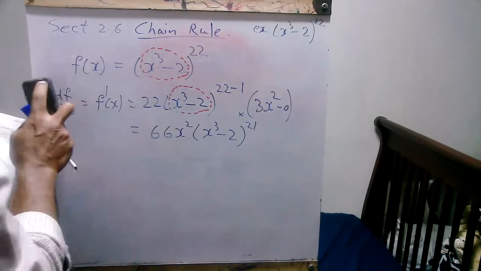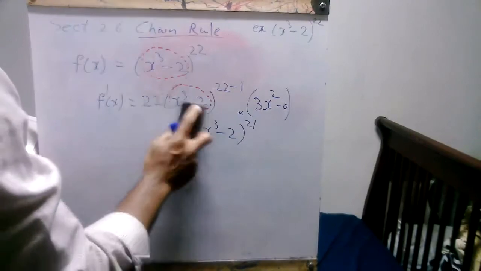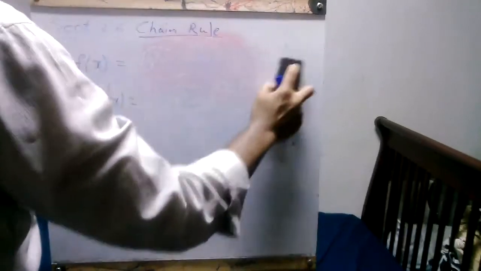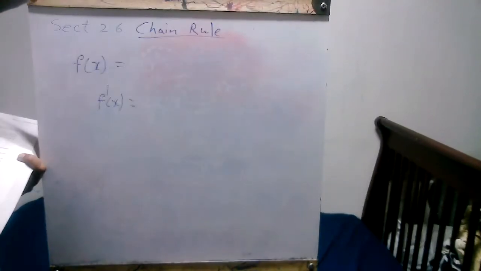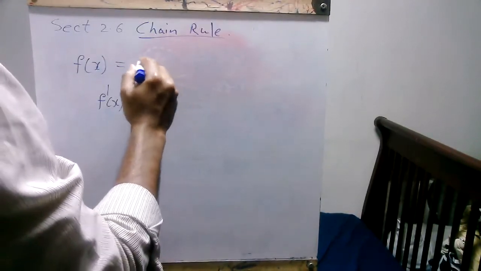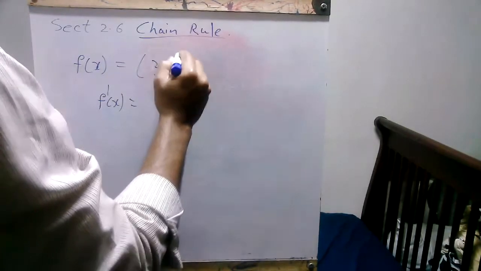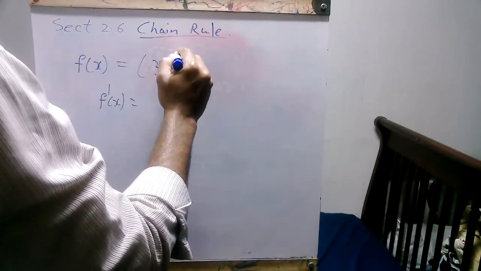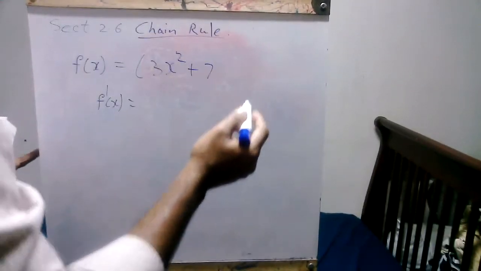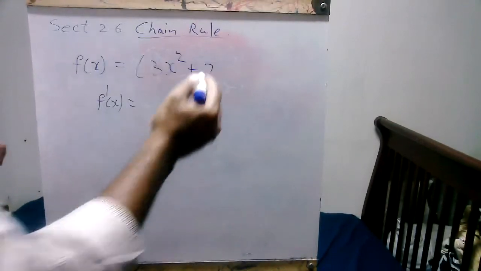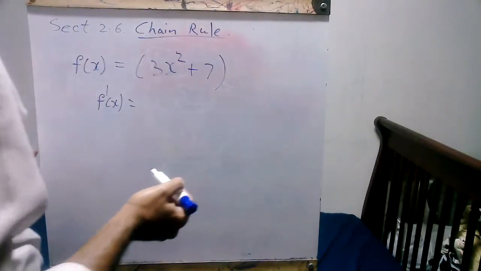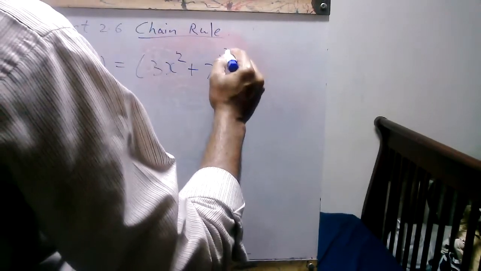Alright, I'm going to erase this. (3x squared plus 7) to the power 23.